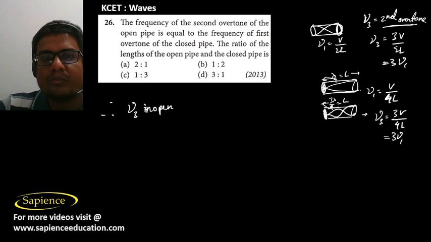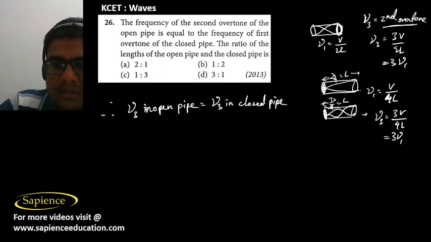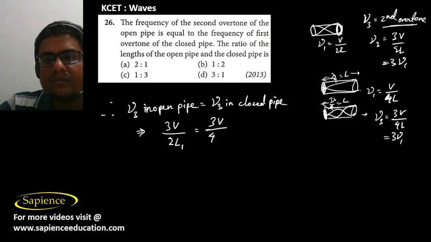Third harmonic in open organ pipe is equal to the third harmonic in closed organ pipe, since third harmonic in closed organ pipe is same as the first overtone in the closed end organ pipe. So therefore nu 3, that is 3v by 2l1, is equal to 3v by 4l2.